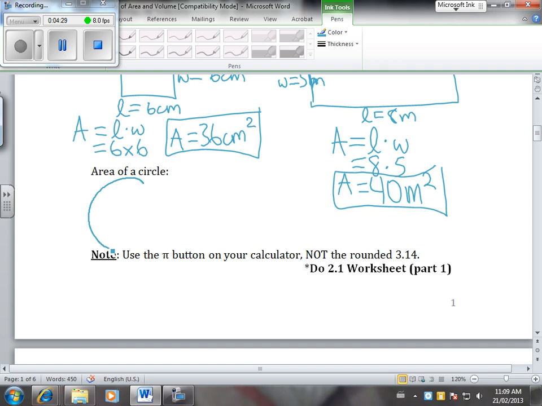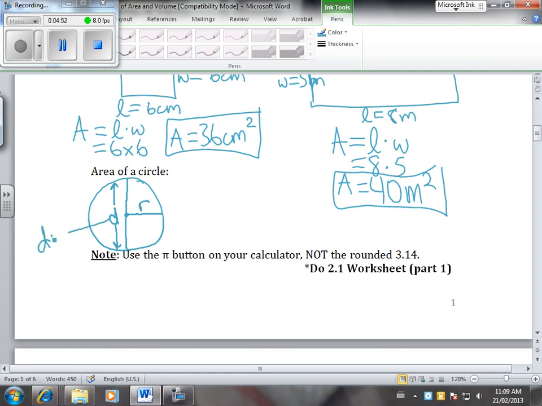So if you have a circle, half of the circle, so if you draw a line down the center, this is your diameter. Okay? So along that line, the diameter is half the circle. And then if you draw a line from that halfway line to the edge of the circle, that's called your radius.